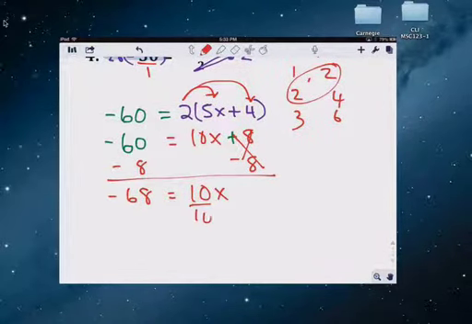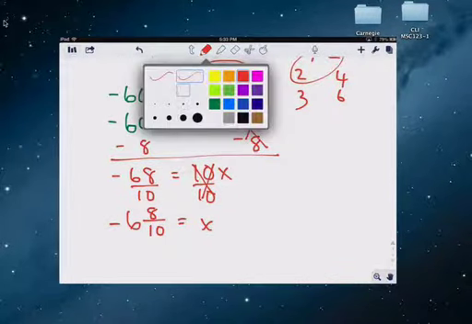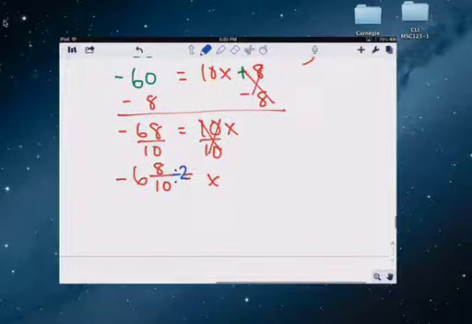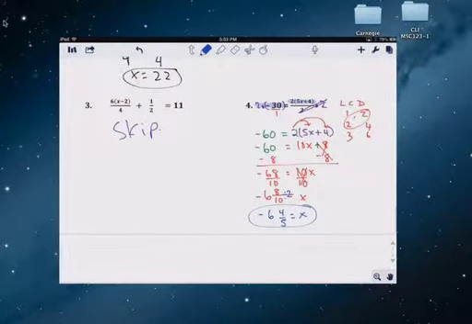Divide by 10, divide by 10. X equals negative 6 and a remainder of 8 over the denominator of 10. That can be reduced, both can be divided by 2. So that's negative 6 and 4 over 5, your answer for x. Okay? And that's your homework for tonight.